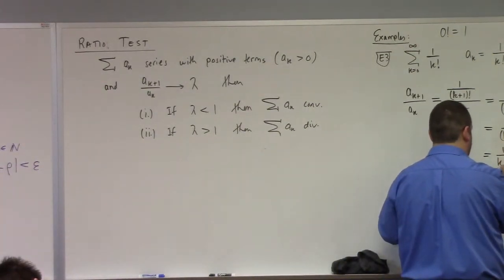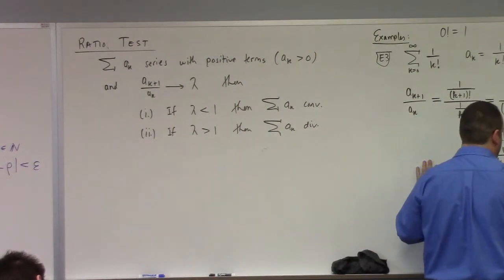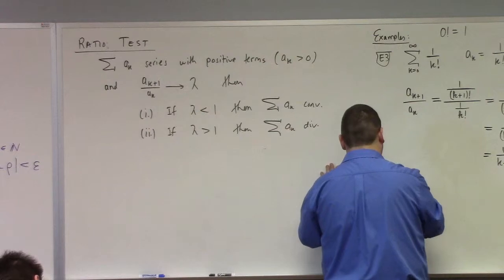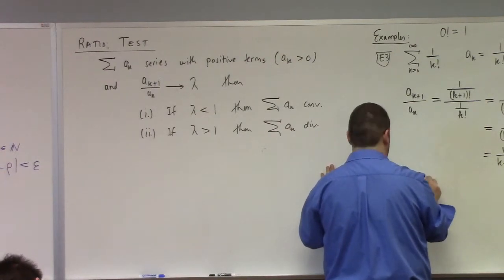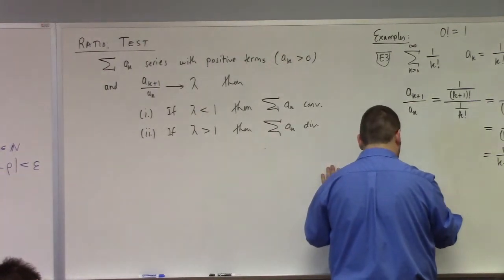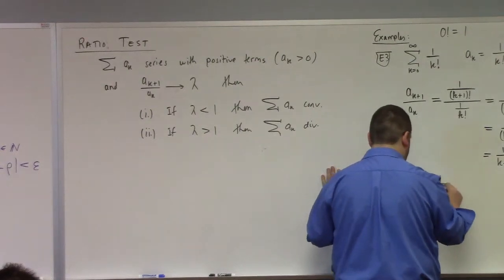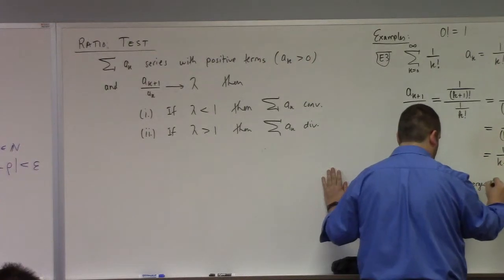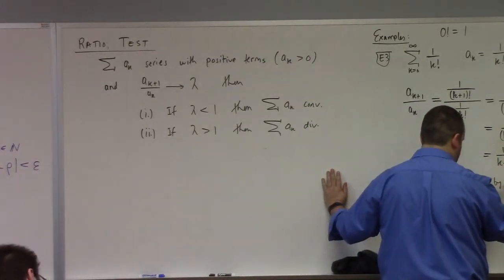We get 1 over k plus 1, which of course goes to 0 as k goes to infinity. Hence, the sum, k equals 0 to infinity, of 1 over k factorial converges by ratio test.